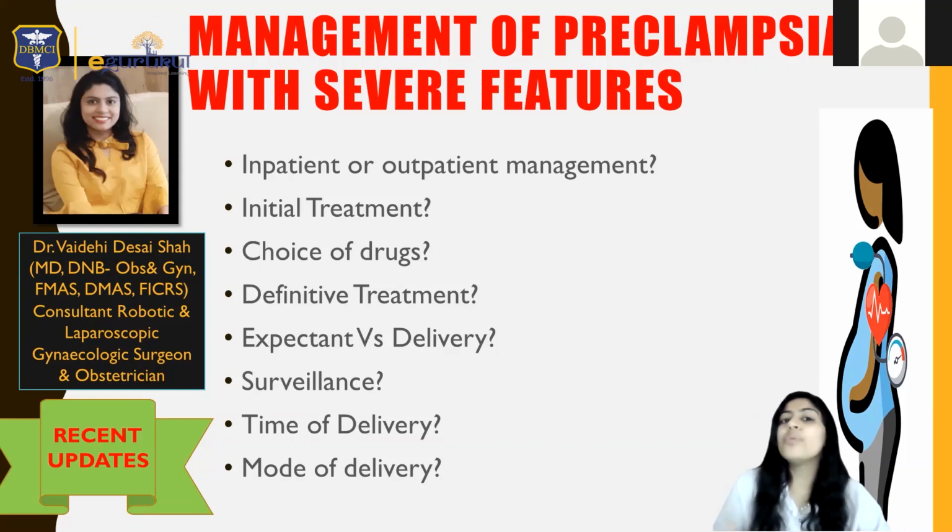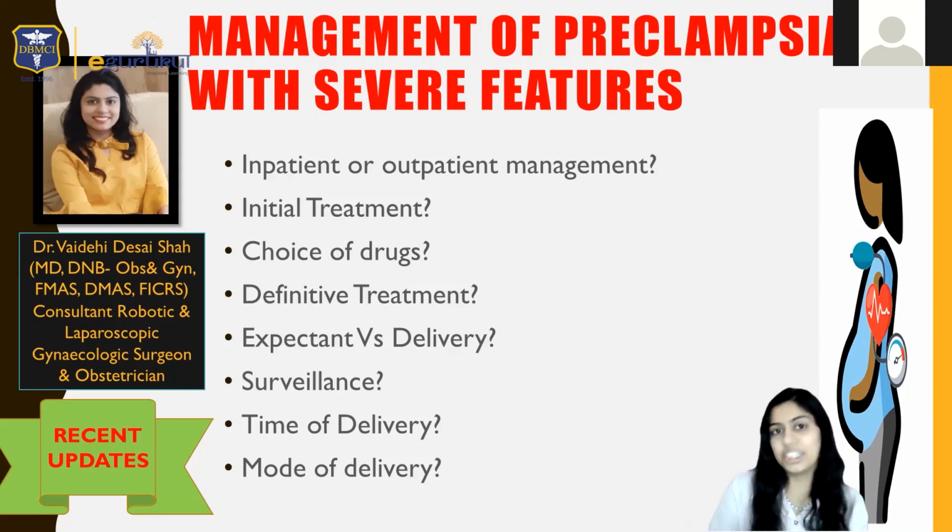And what should be the mode of delivery? The mode of delivery in any case of hypertension in pregnancy is always vaginal delivery. But at an early gestational age, like 33, 34 weeks, there are high chances of failure of induction and high chances of failure of vaginal delivery.